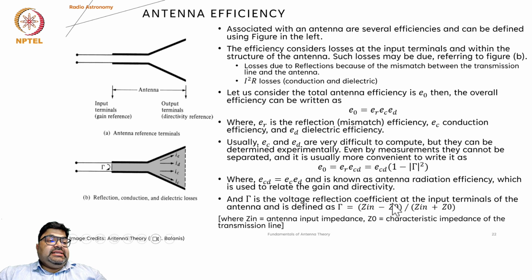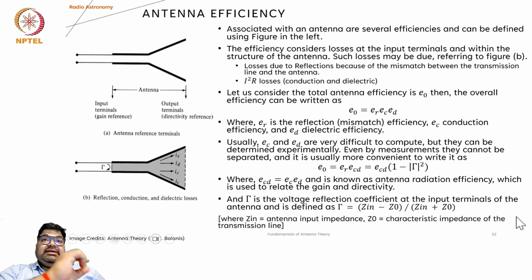Any electrical system can be defined in terms of a two-port network. In that, the characterization happens in terms of the input and output impedances. There is a reflection where one component ends and another begins, and this reflection coefficient is measured in terms of the antenna input impedance and the characteristic impedance of the transmission line.